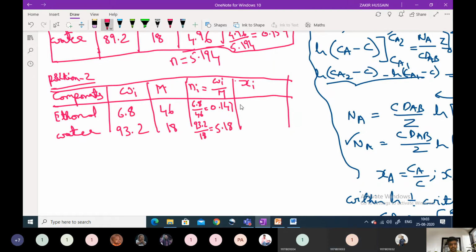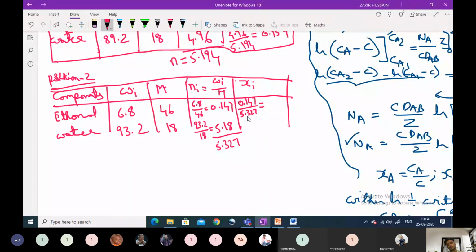Then xi is the individual moles divided by the total moles. The total is 0.147 plus 5.18, which is 5.327.